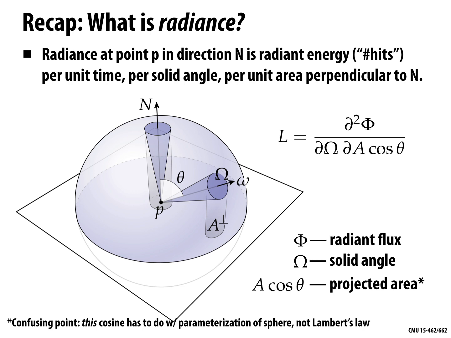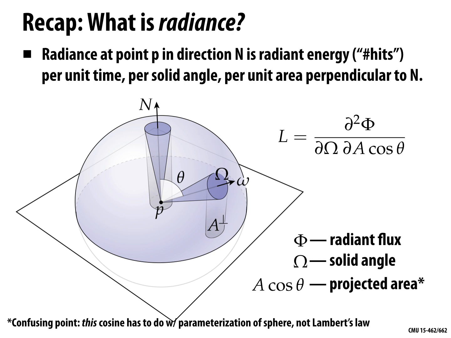Right? We want to think about how much radiance comes in some little patch on that hemisphere projected down onto the plane. So we say that radiance L is the radiant flux phi, meaning energy per unit time, per solid angle omega, per projected area A cosine theta.